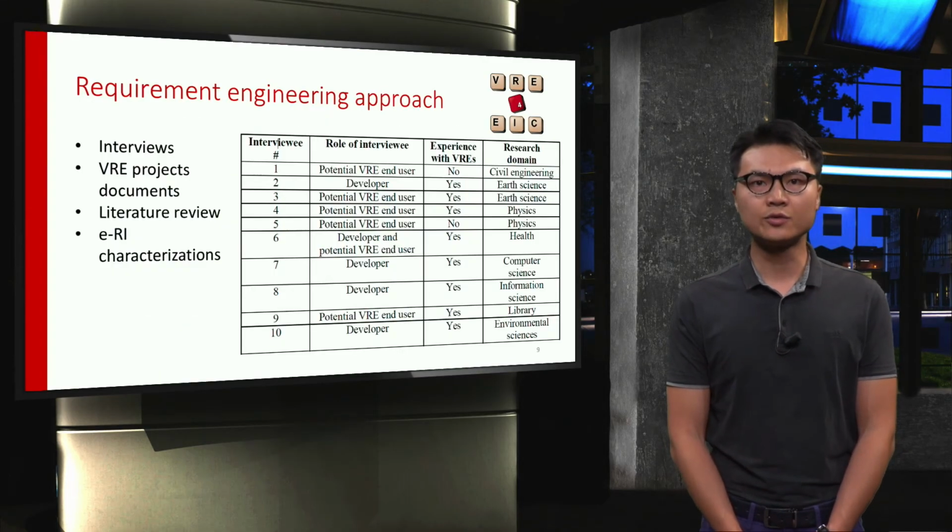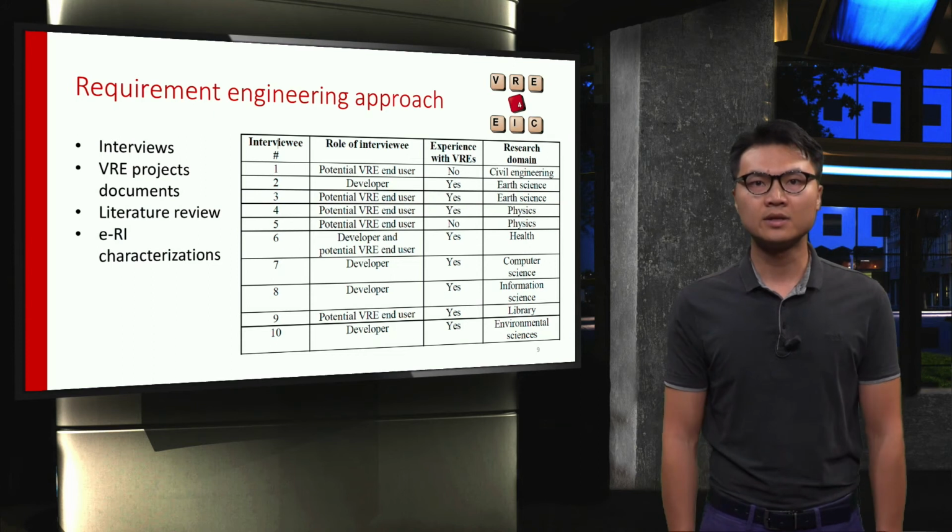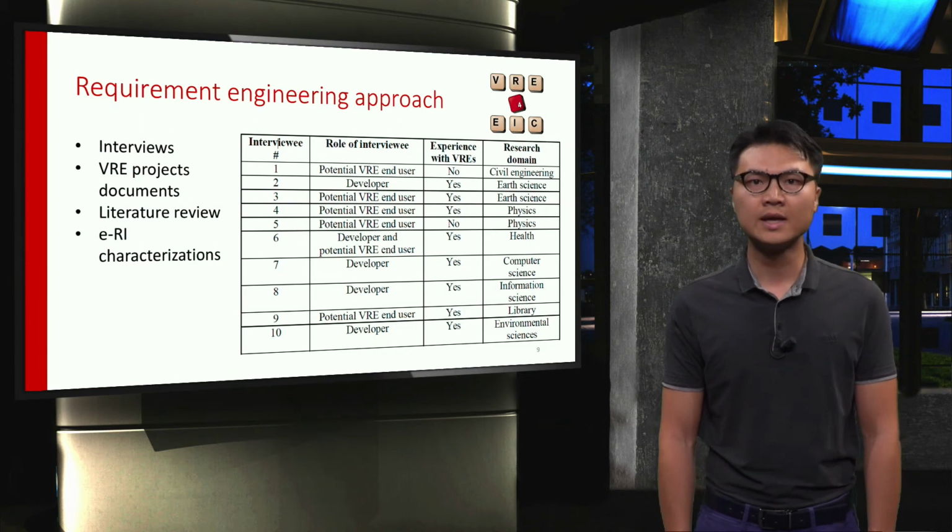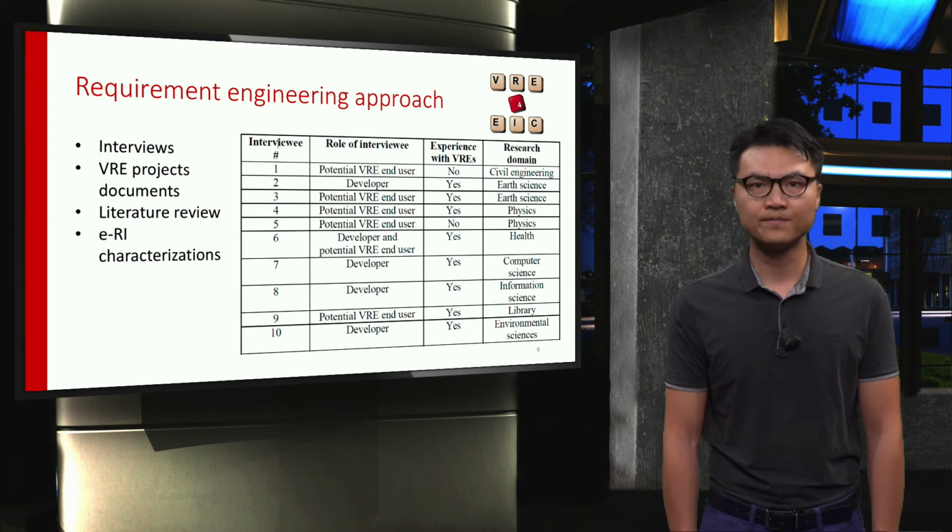In this lecture, I will explain the first two steps applied to VRE requirements research. We used semi-structured interviews, publicly available documentation of existing VRE research projects, and characterization of VRE to identify user needs. 10 interviews have been conducted with VRE developers and potential VRE end users. 8 VRE projects have been investigated.